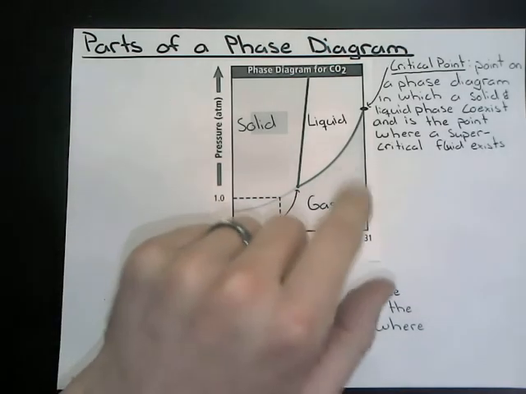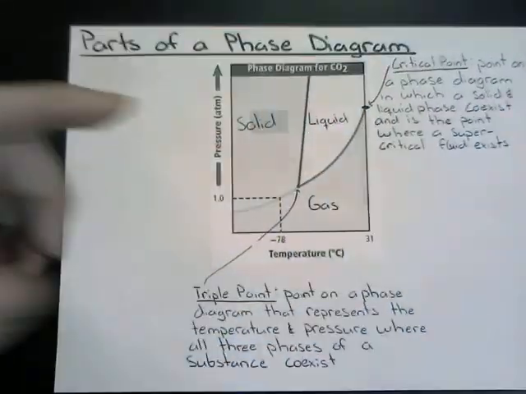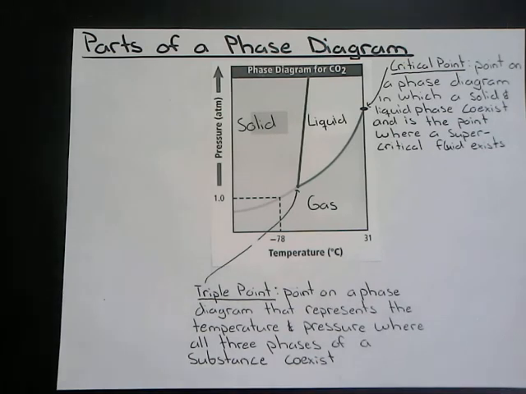Again, this point is where we have our liquid and our gas having the same density and they coexist here. So you have this supercritical fluid, which for CO2, this is actually what dry cleaners use. They get that fluid up to supercritical temperatures and allow the clothes to be dry cleaned.